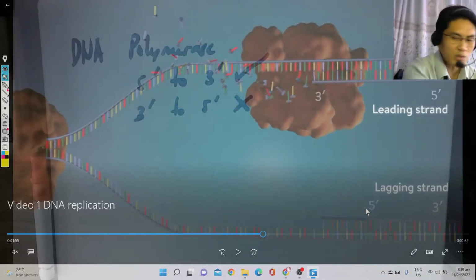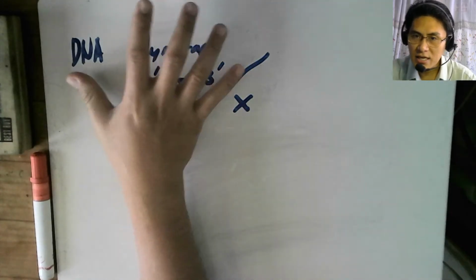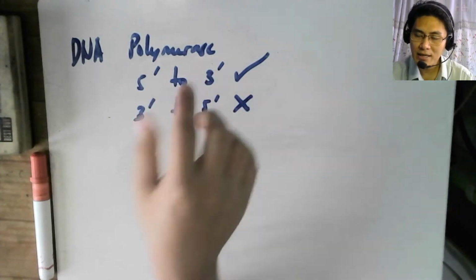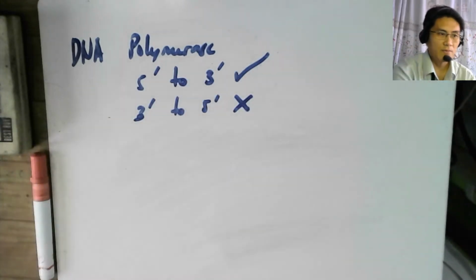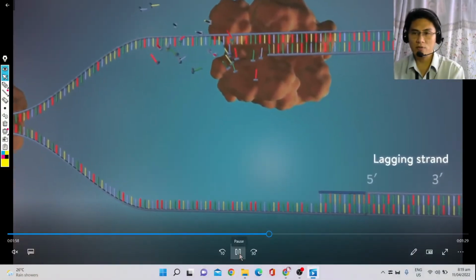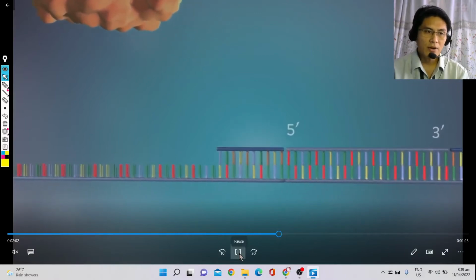Okay? This is where this concept is important in the narrative, because the DNA polymerase unfortunately can only do 5 prime to 3 prime. It cannot do 3 prime to 5 prime. So let's see how the DNA polymerase solves that problem. So again, 3 prime to 5 prime.